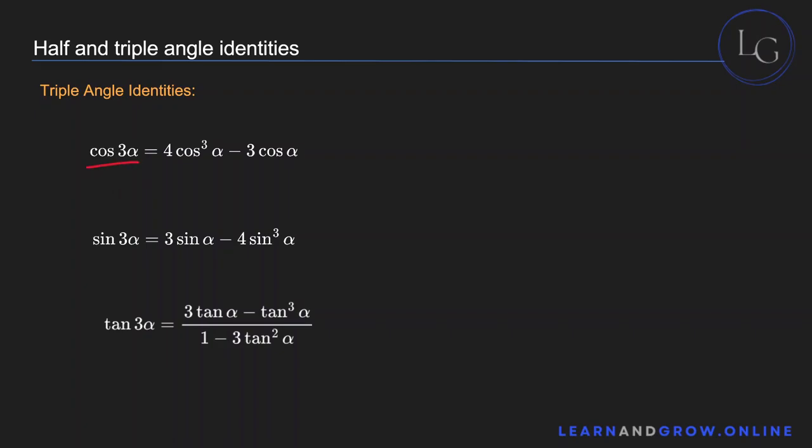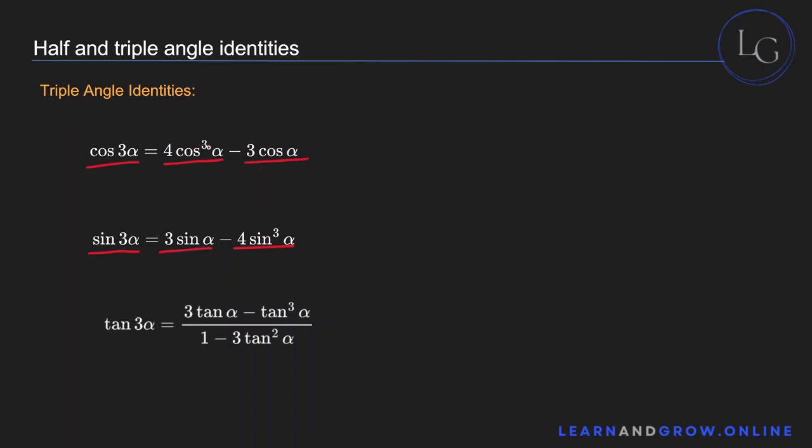So cos 3 alpha, again, you can prove this by the fundamental law and all the identities that we discussed beforehand. It ends up being equal to this. Just memorize them or they'll be given to you. Sine 3 alpha is equal to this. You can see that the difference between cos 3 alpha and sine 3 alpha is again very minimal. The signs are opposite and the functions are also opposite.